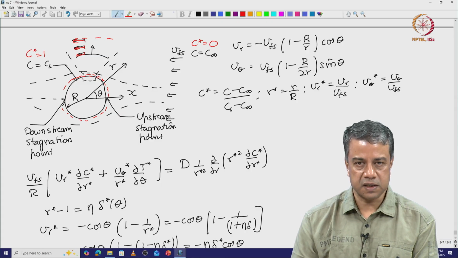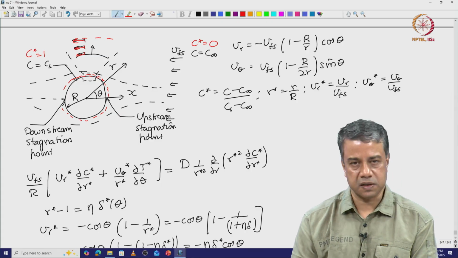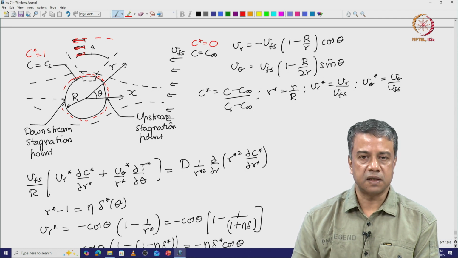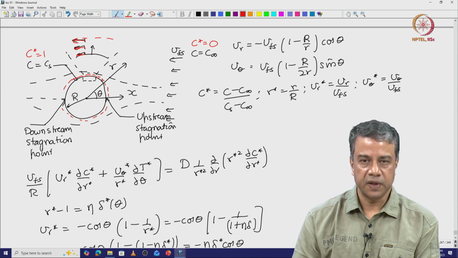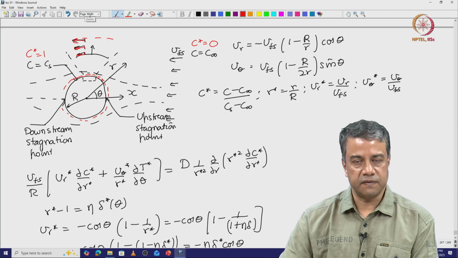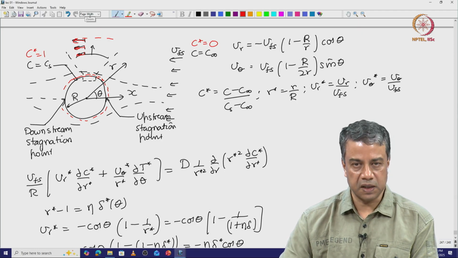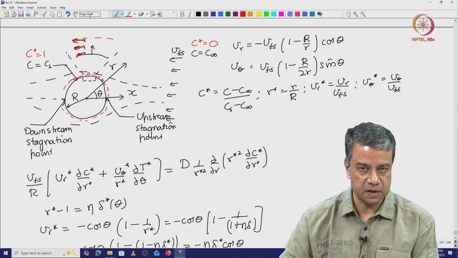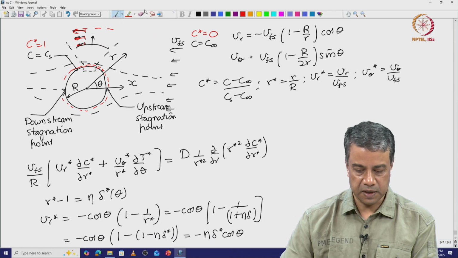Therefore, at the liquid gas interface you have a 0 stress condition on the liquid side. 0 stress means that the derivative of the velocity is 0. The velocity itself can be non-zero. So, this is a mobile interface. It does not have a no slip condition like we had for a rigid interface.